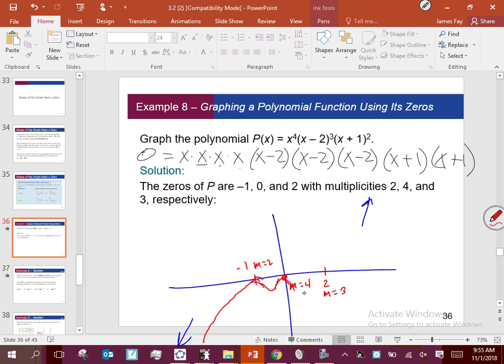I don't know how far down I'm going to go, but eventually I have to get back up through 2, and 2 is a multiplicity of 3. So do I pass through it or bounce off of it? Pass through it. And because it's 3, we know it's going to have that weird little S shape occurring there. It's an ugly graph, and graphing on my tablet stinks, but if I were to go to GeoGebra, you'd see something eerily similar, and we did it very quickly. Does that make sense?